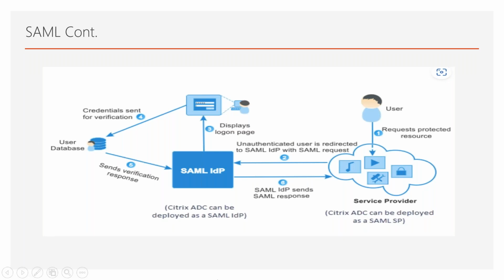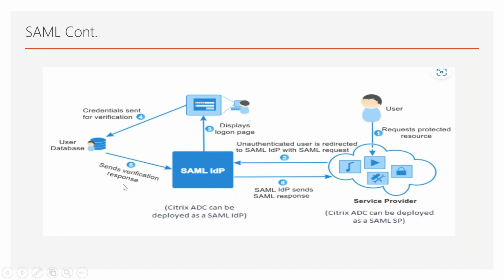If we talk about this diagram, the user wants to access a particular resource. The user is requesting access, and there is the SAML IDP. So let's say I want to access booking.com, and my identity provider is IBM. The moment I try to access the service, I will select who my identity provider is.